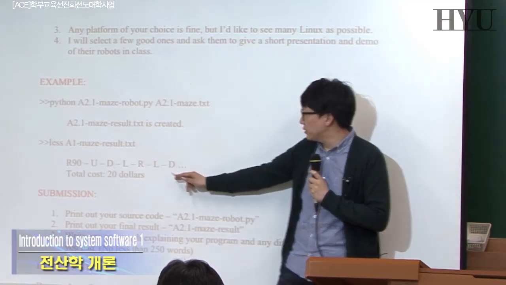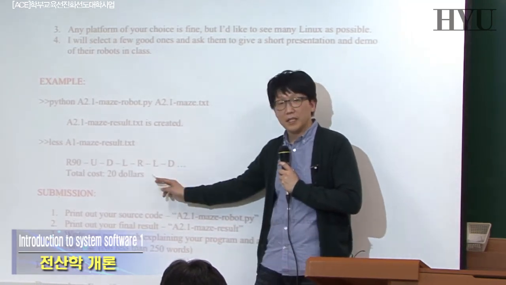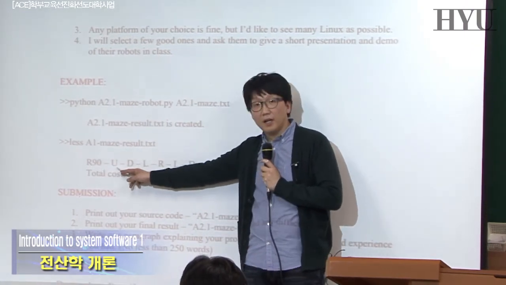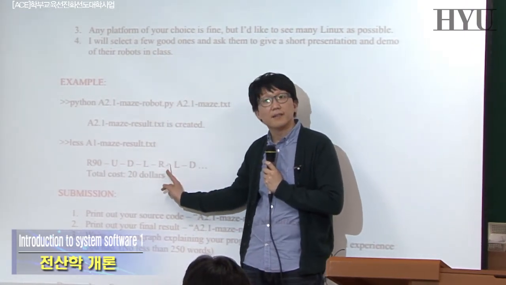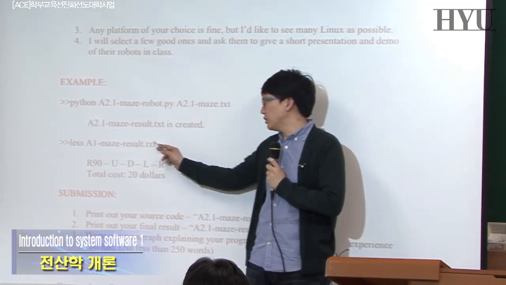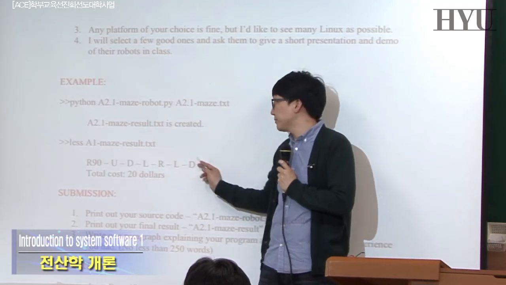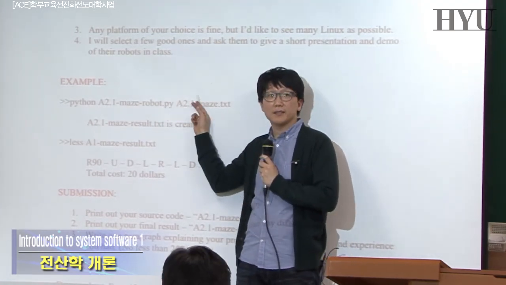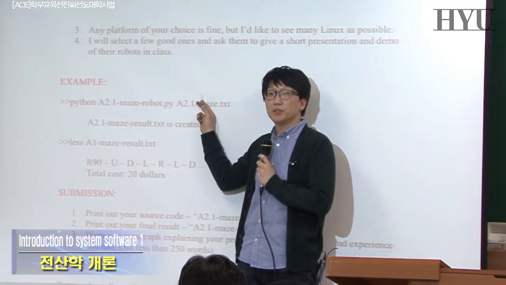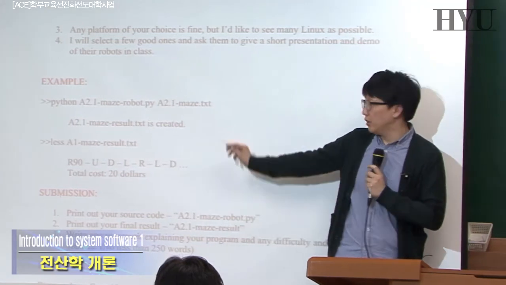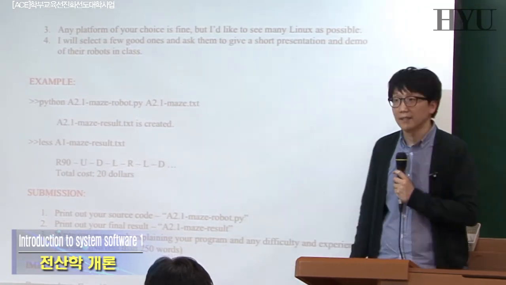Your output will look like this: R90, rotate 90 degrees, up, down, left, right, the sequence, and money, the total cost. So you need to program it in this way. Also, your program needs to take the input files, a2.1 maze text files. You can also download these from the website.